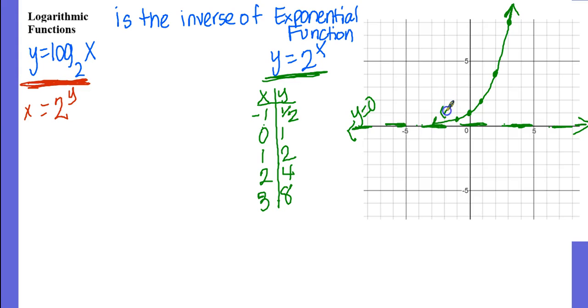So this would be -1, 1/2, 0, 1, 1, 2, 2, 4, and 3, 8. I would also like you to label it y equals 2 to the x by its function. Okay? Yes. It would be 3/8. Thank you.